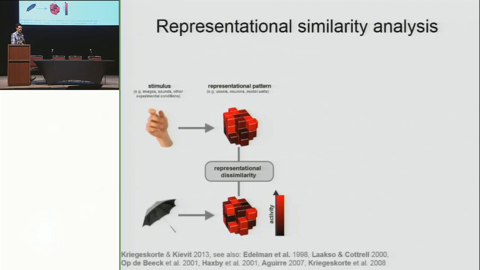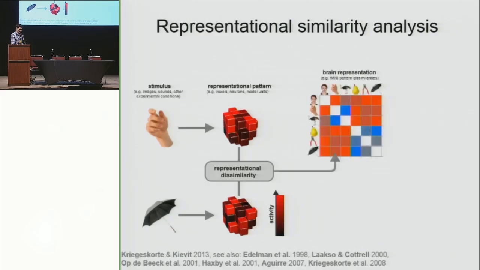To make it a dissimilarity, we can take 1 minus that correlation. So once we've estimated that dissimilarity, we can enter it into a matrix. So here you have the little umbrella, and here the hand, and this will be one value here, the dissimilarity estimate. Now the colors here have a different meaning. They now refer to pattern dissimilarities rather than activity levels.